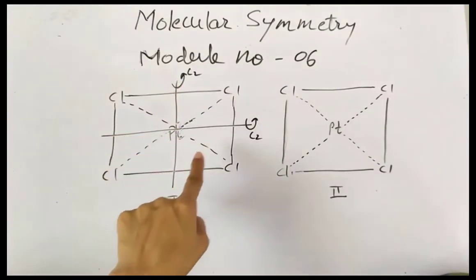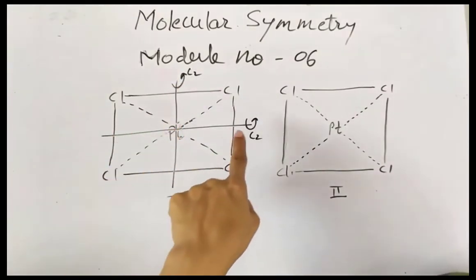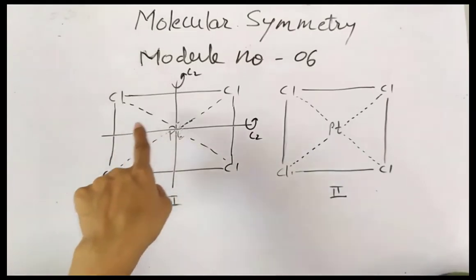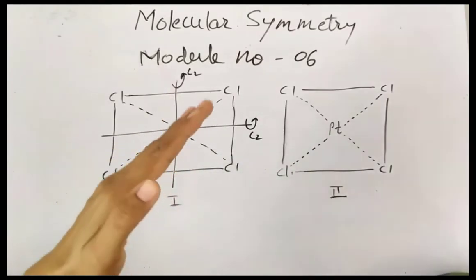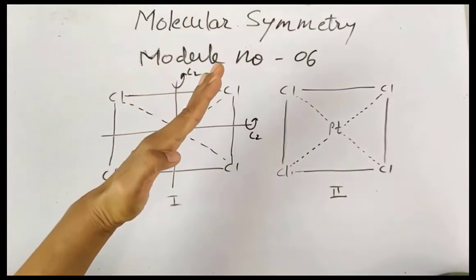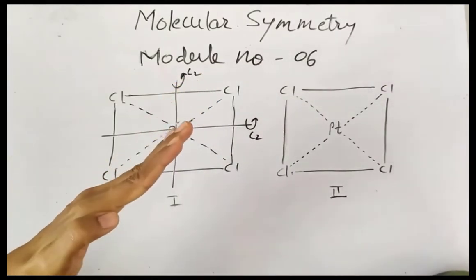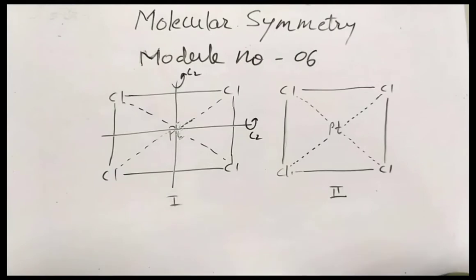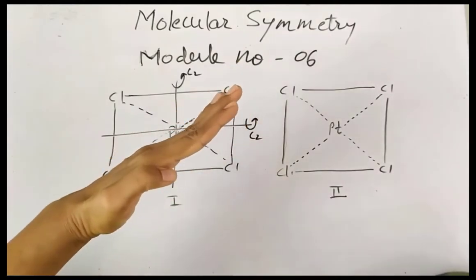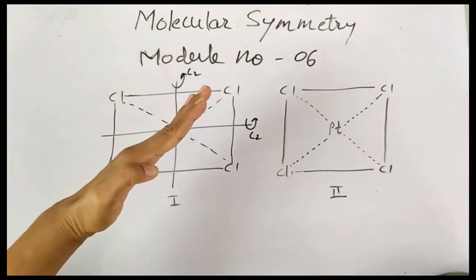So from these two perpendicular C2 axes, we have to pass a plane which will cut these two perpendicular C2 axes, or we have to pass the plane in such a way that it will bisect these two perpendicular C2 axes.